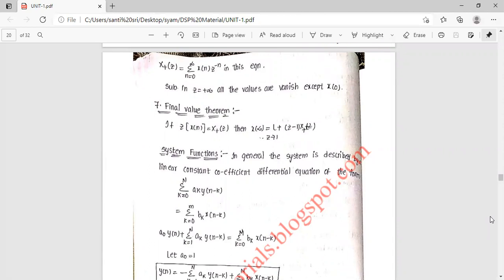Then we discussed the system function. System function is nothing but the ratio of output to input.